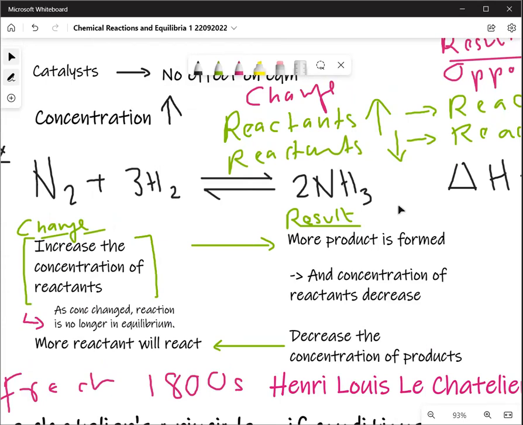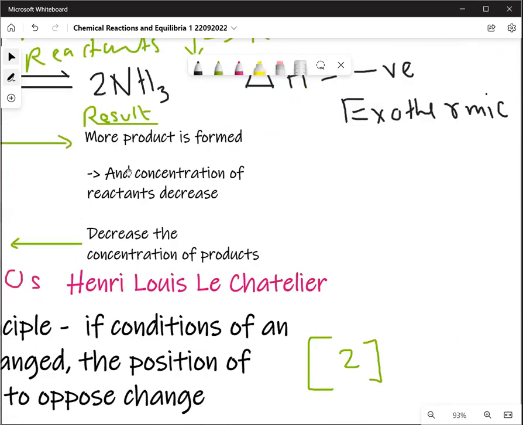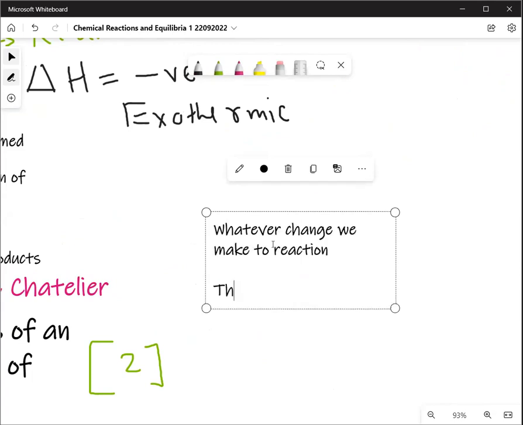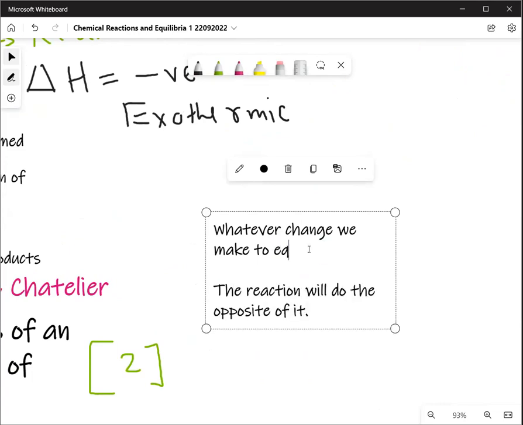Whatever change I make to the reaction, not the reactant, but to the reaction, I'll write it here for you. Read it out. Whatever change we make to the reaction, the reaction will do the opposite of it. Or let's say to equilibrium.